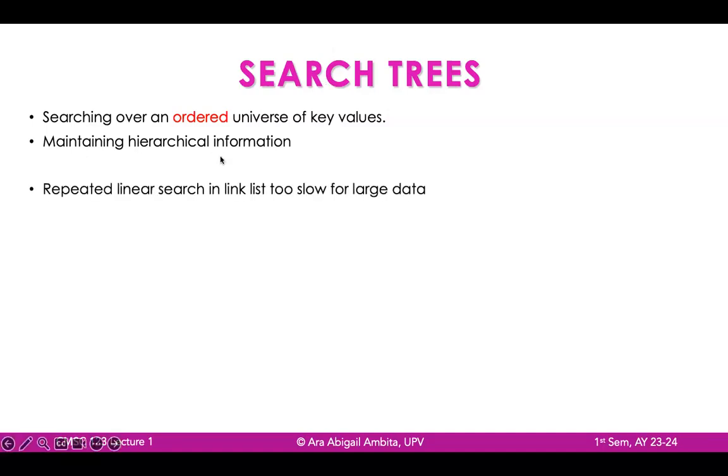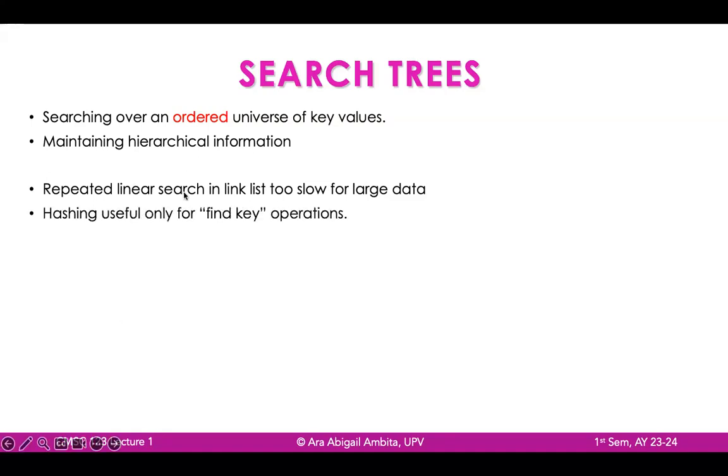If we look at the other data structures that we have discussed before, like the linked list, and say we want to search key values over it, a repeated linear search in a linked list might be too slow as the amount of data increases.